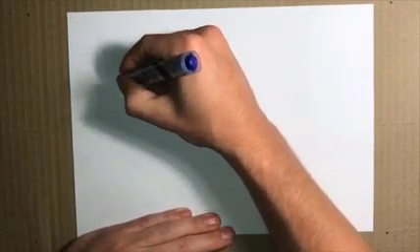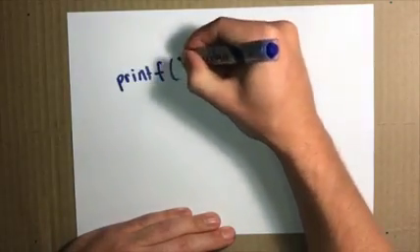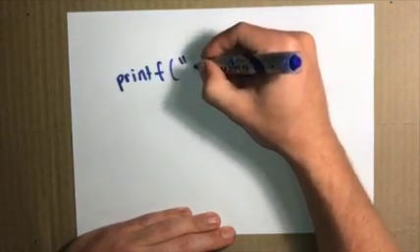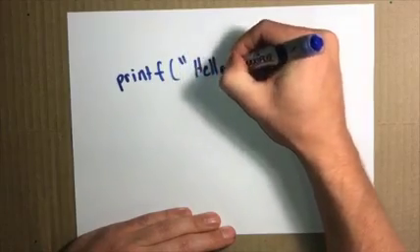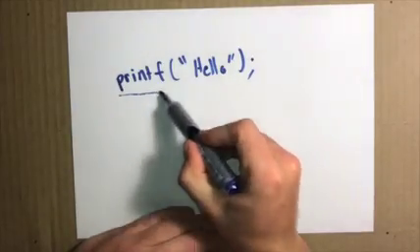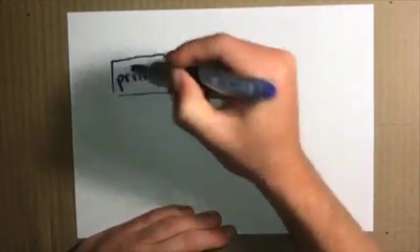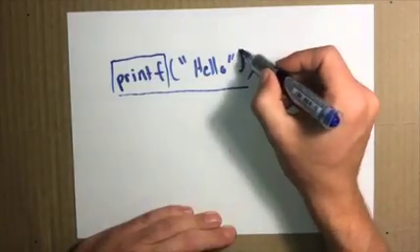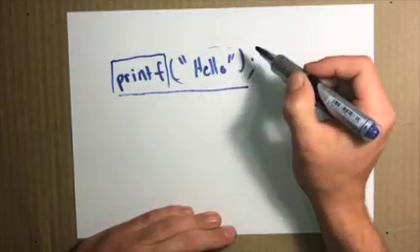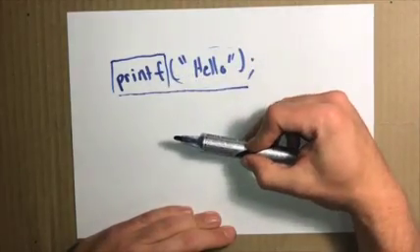In chapter 2, we learned about the printf statement. Let's say printf hello. Lo and behold, this is a function. It's a printf function. That's the name and that's the parameters. So we are constantly using functions.